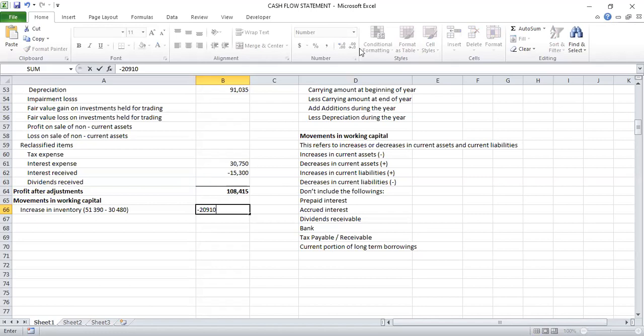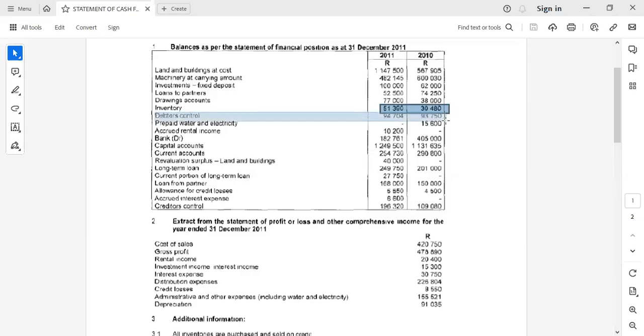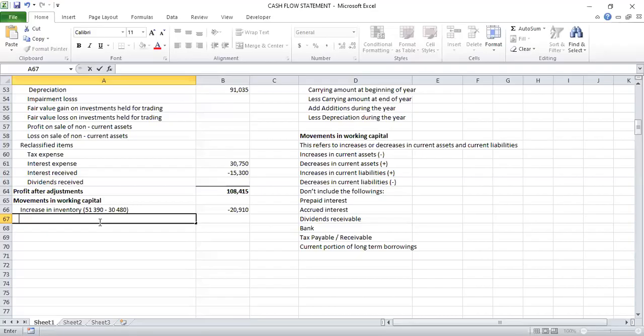Then we go to the next one. Our debtors, they increased from 93,750 to 94,704. Then we'll have our increase in debtors: 94,704 minus 93,750.